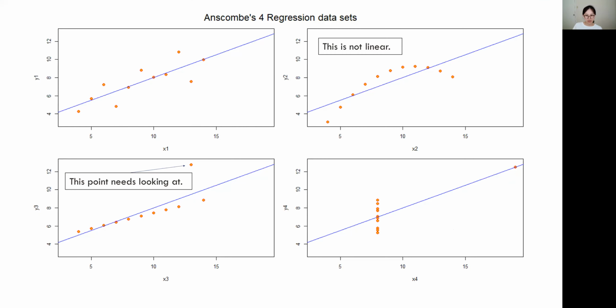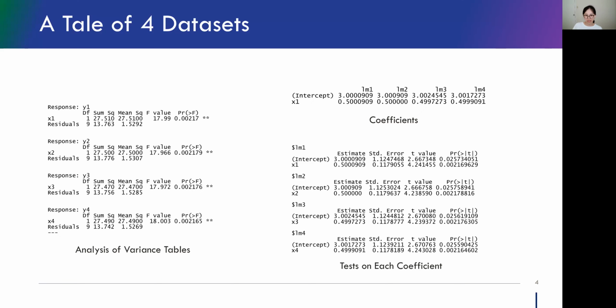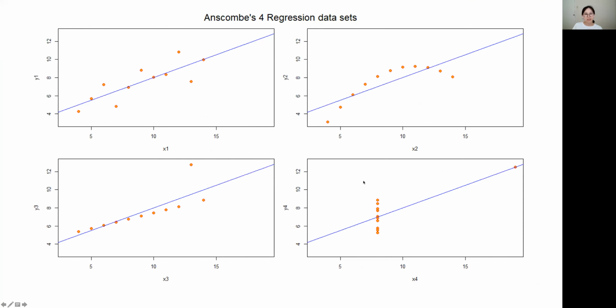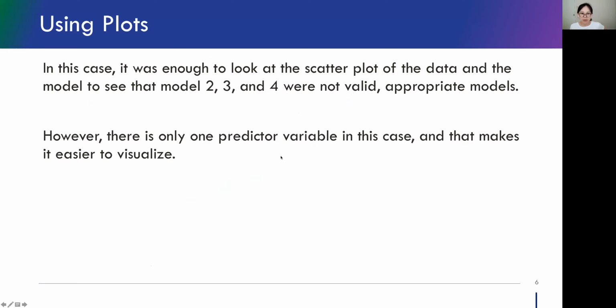I showed you they all have the same summary statistics, but when you plot it, it tells you the true story, right? So by just looking at the scatter plot, just plotting your data, it will tell you if the model you built is valid or appropriate or not.